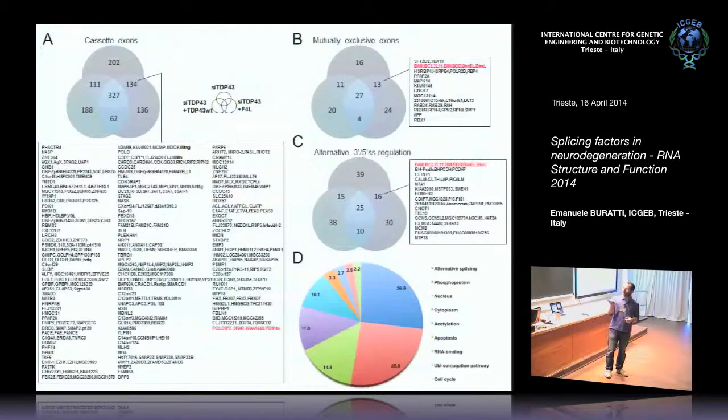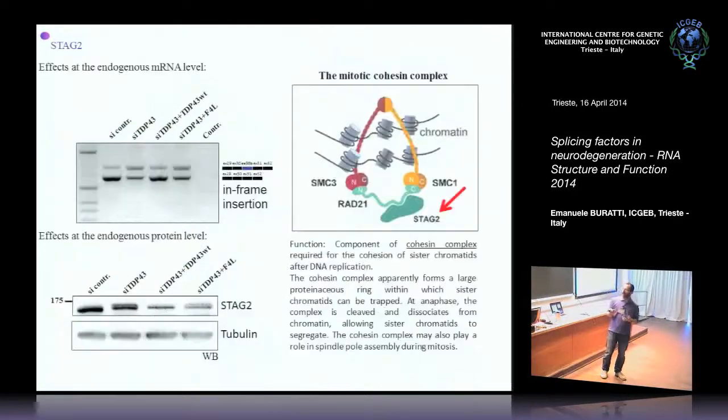And we ended up, I won't go very much into the detail, with around 100 splicing events that, interestingly enough, if you look at the genes where these splicing events occur, are all genes that affect the expression of other RNA binding proteins, and that affect several interesting pathways from the point of view of neurodegeneration, like apoptosis. And so we are now in the process of characterizing all these splicing events.